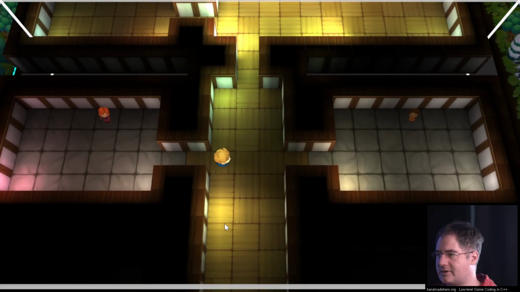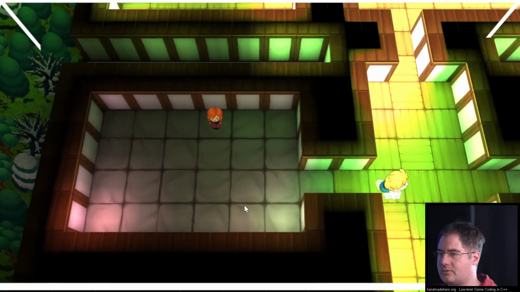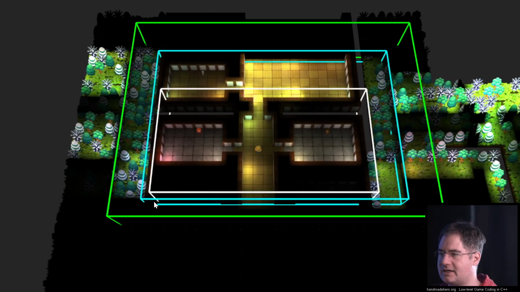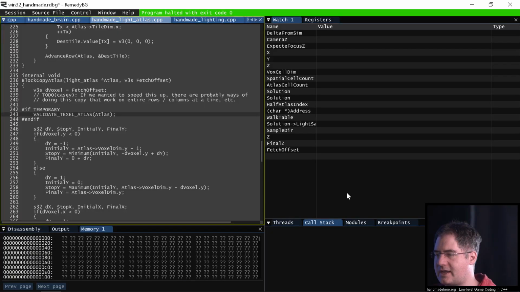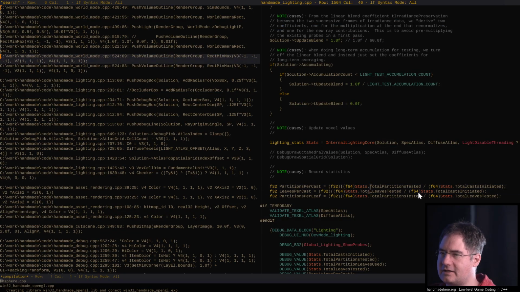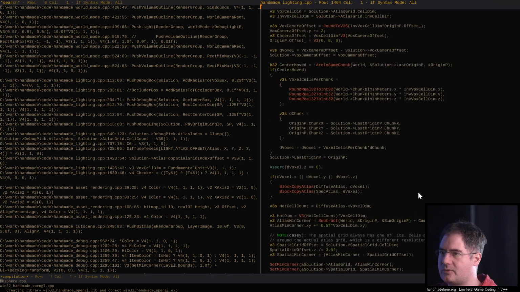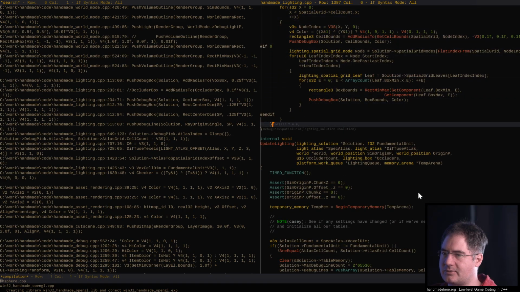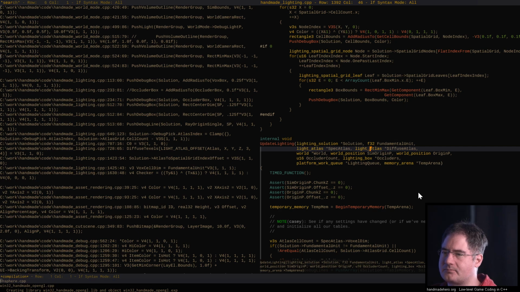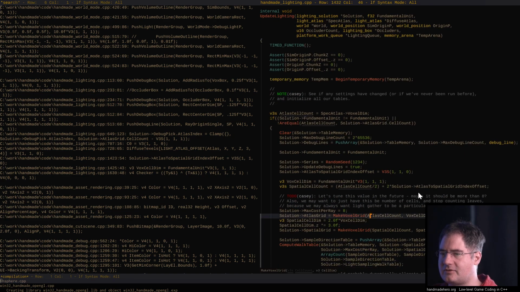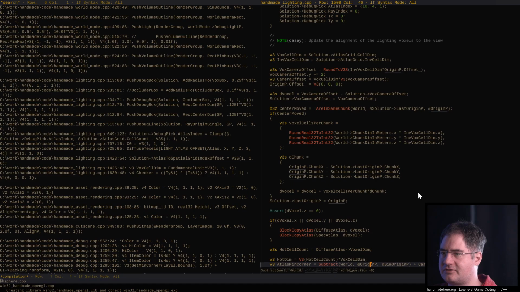Trying to think if there's anything else to say about this, but I think that's about it. We should probably fix that alignment. This should get straightened out, and I'm not exactly sure how we want to do that. When we do the lighting alignment part of things, when we call update lighting, I'm not sure to what extent, but I think this is always the thing that actually determines where it is aligned.